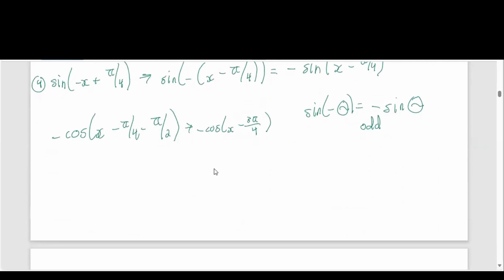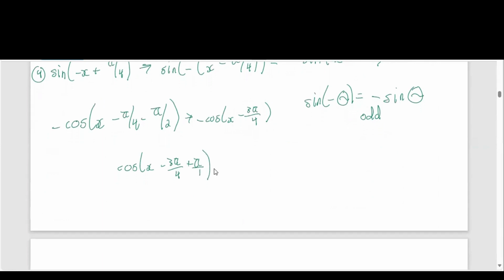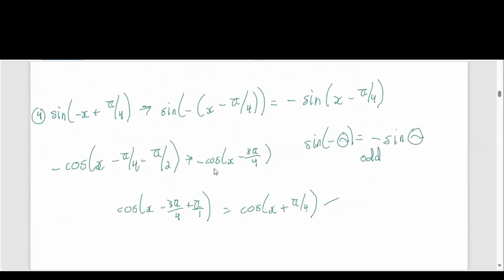So this will just end up being cos of x minus 3 pi on 4 plus pi. Right. So that will end up being cos of x plus pi. Yeah. And that's it. Okay, this one was a lot.